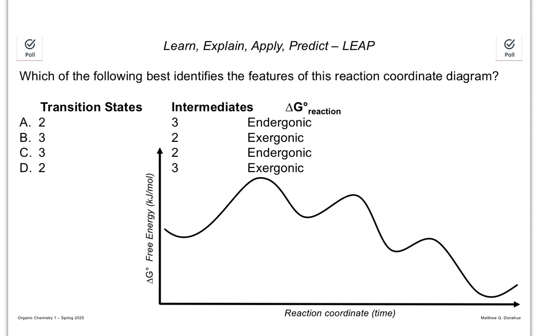So this is what the reaction coordinate for SN1 looks like. We have three factors we want to describe. How many transition states are there? How many intermediates? And then what is the thermodynamics for the reaction overall? How many transition states do you see?